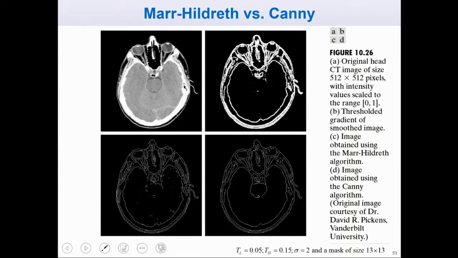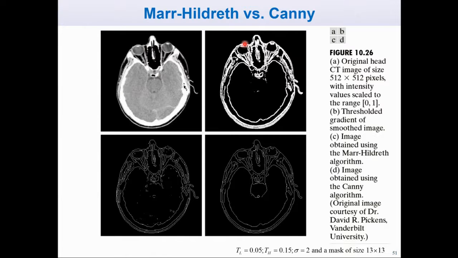If you look at this here as a comparison for the different algorithms we studied so far for edge detection. So that's the original image. Okay. This here is using the gradient vector.